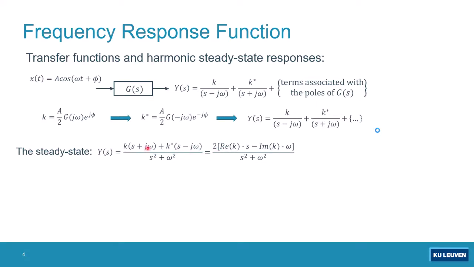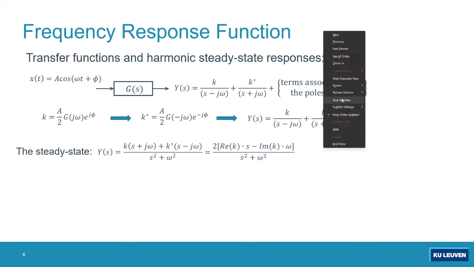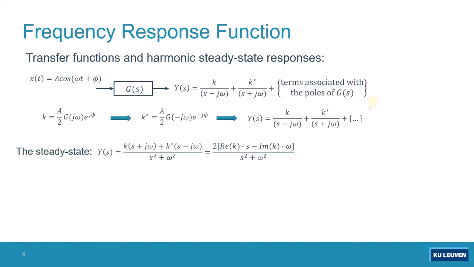Similarly, when I lump j omega with j omega, let me write it here to make it simpler. So if I lump s with s, I will get (k plus k star) s, right?